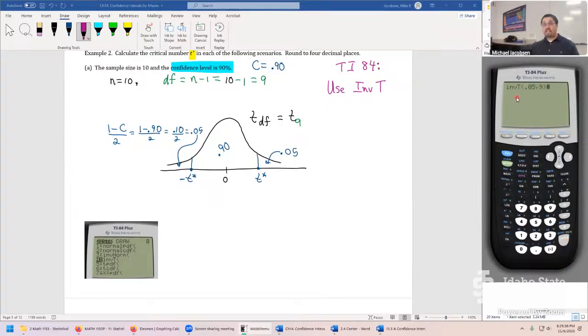Then here's inverse t. And it's kind of interesting to watch what happens in this calculator. This is pretty old technology, I think late 80s is where this chip was designed in. It actually takes a while to compute this. There would be a little calculation bar that appears right here. Yours might be faster if it's a more updated chip, but notice it takes a moment to actually calculate that. That's kind of impressive. This is a pretty big, robust computation, and we get the number negative 1.8331.